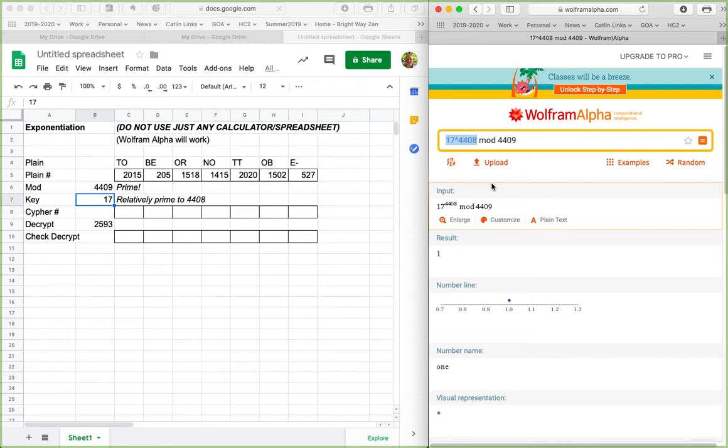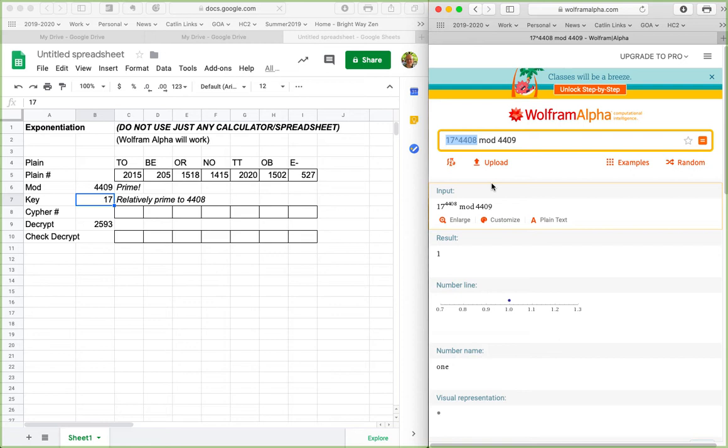Then your calculator would try to apply the mod to that, and it's just going to give you a completely worthless answer. Wolfram Alpha doesn't do that. It knows I'm in the world of mods, and so it knows how to do that correctly in the background.